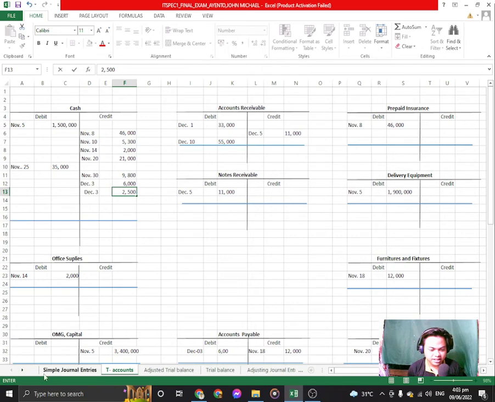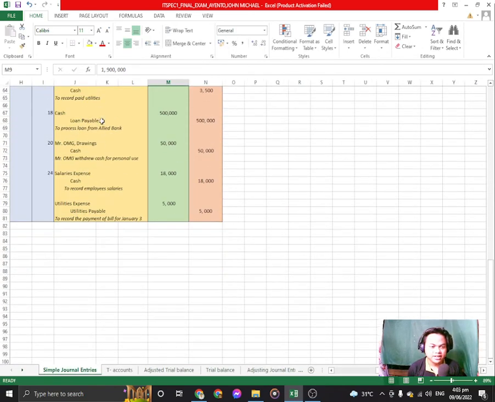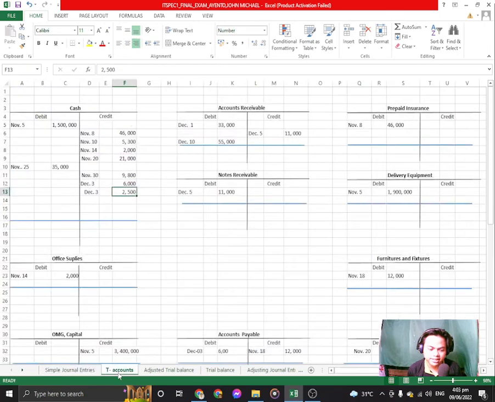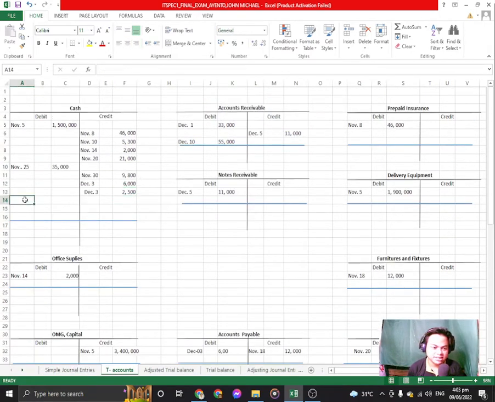Okay. Down to December 18, the cash for the debit, they have 1,000,000 and the loan payable it also have 1,000,000 pesos. Okay, cash for December 18, we have 500,000 pesos.